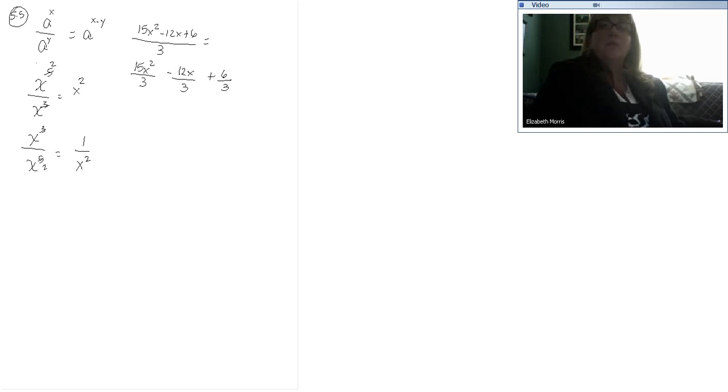All I did was I put the 3, divided each piece by the 3. So we know that becomes a 5 and that becomes a 1. I'm left with x squared minus that becomes a 4 and that becomes a 1, 4x plus that becomes a 2 and that becomes a 1, plus 2. And there's my answer.